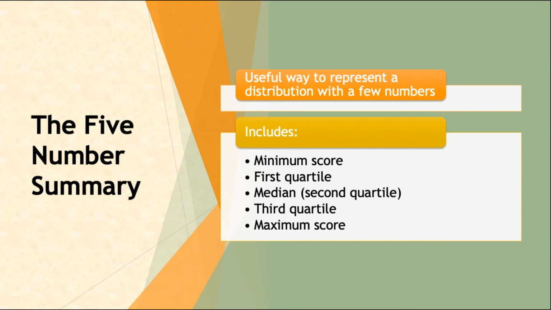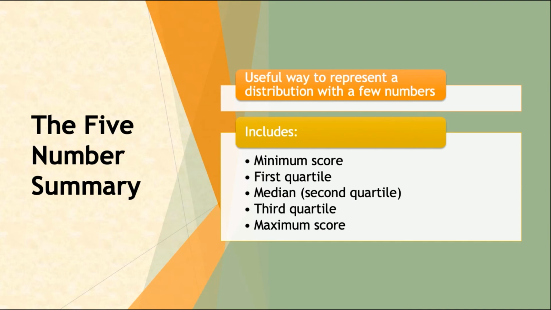These are not resistant measures for the simple fact that the most extreme outliers will fall at the ends of the distribution, and therefore are likely to be the maximum or the minimum scores. The three center values, the first quartile, the median, and the third quartile, are resistant measures.